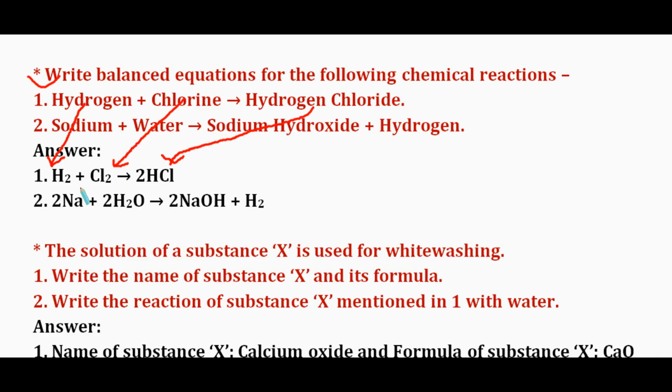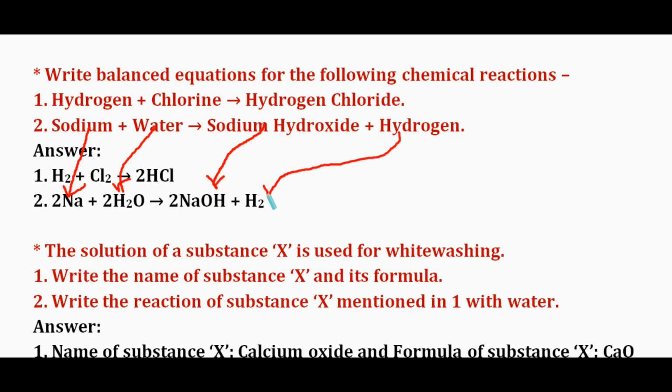On balancing we get H2 plus Cl2 gives 2HCl. Another reaction is sodium. Sodium is written as Na. Water is H2O, sodium hydroxide is NaOH, and hydrogen is H2. And now you balance the equation.